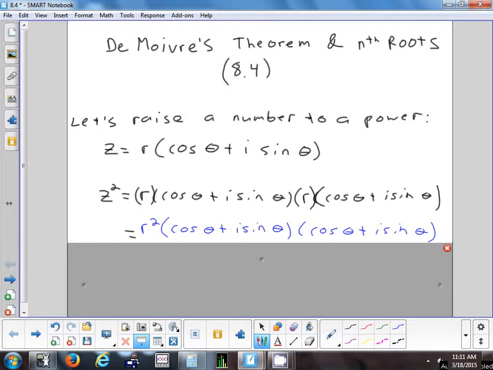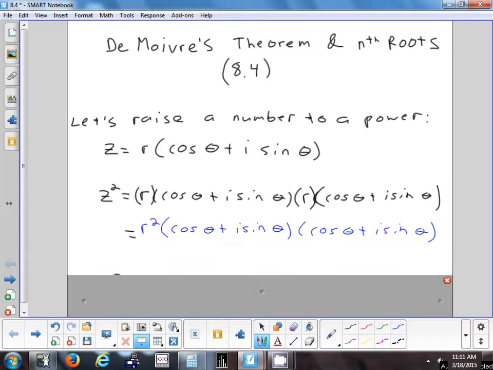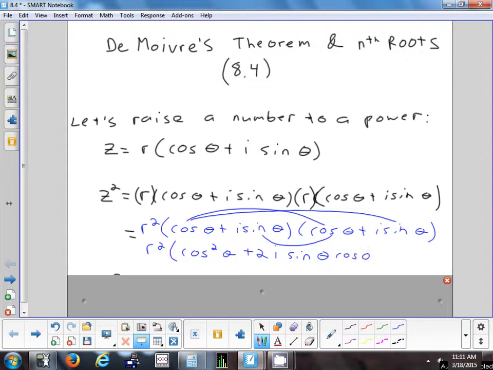Now we're going to use the distributive property. Multiply all that out. Cosine times cosine is cosine squared. Cosine times i sine, cosine times i sine. I'm going to have 2 of those. Let's write it like this: 2 i sine cosine.